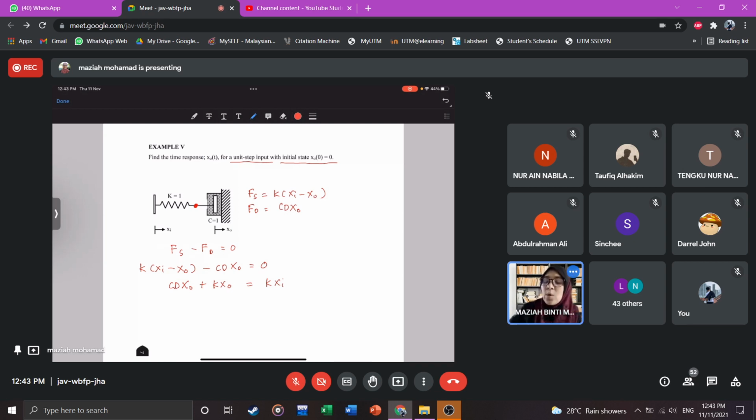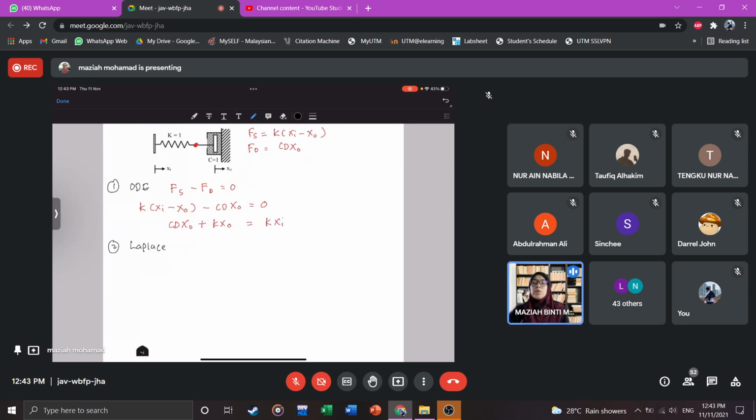Now we're going to do the second step, which is the Laplace transform. The first step was the ODE, the second step is Laplace. We convert the differential term into Laplace. You can refer to the table just now.